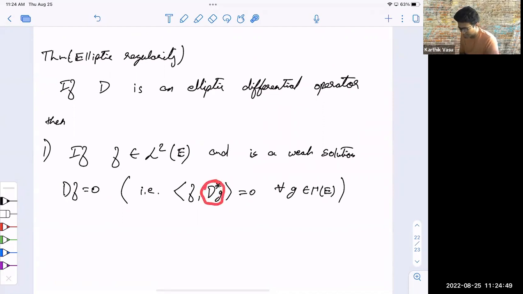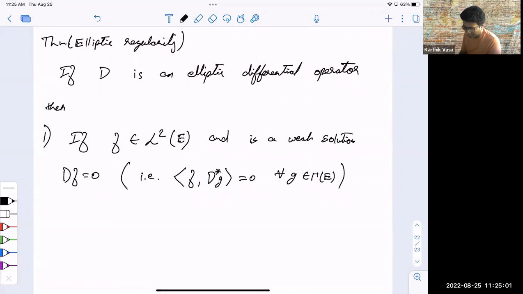So you apply it to any function g here, and that inner product with f should be 0. If this happens, then we call f a weak solution of D. Now if we have any weak solution, the theorem says then f is actually smooth. Or in other words, f belongs to the smooth sections.